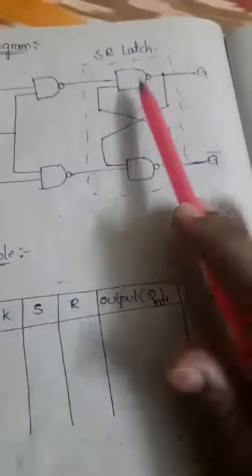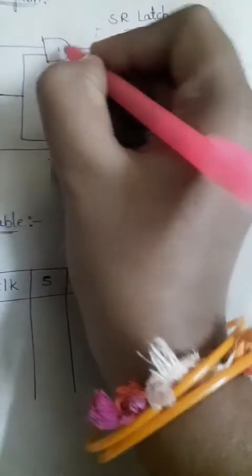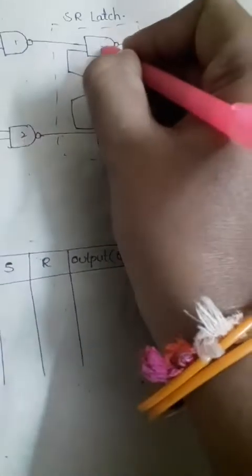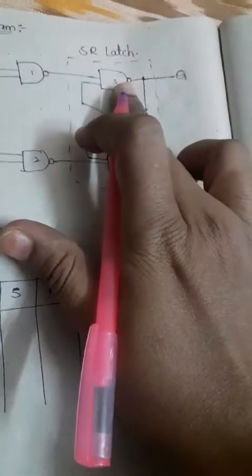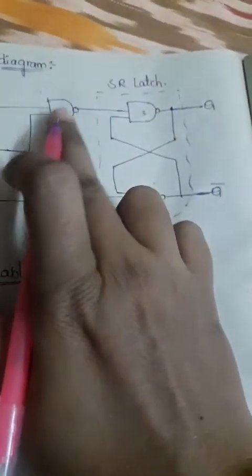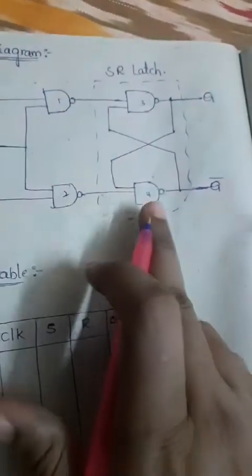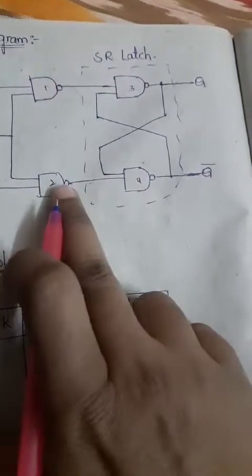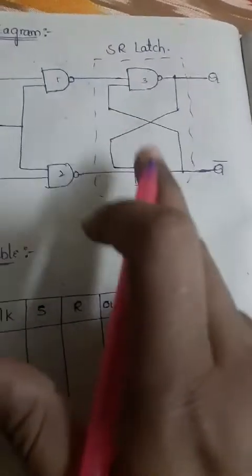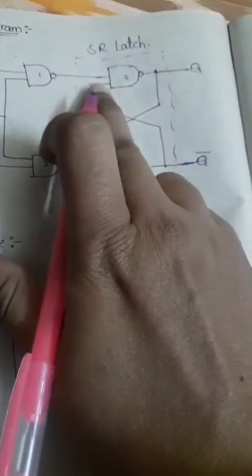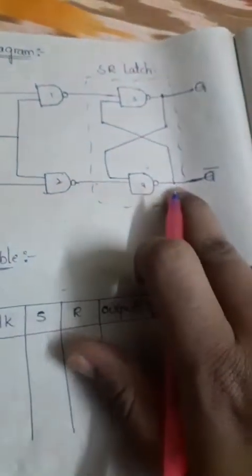Okay, so now coming here. I will give numbers to the gates: 1 and 2, and this is the third and 4. In the third gate, one input is connected to the output of the first gate, and the fourth gate has one input connected to the output of the second gate.